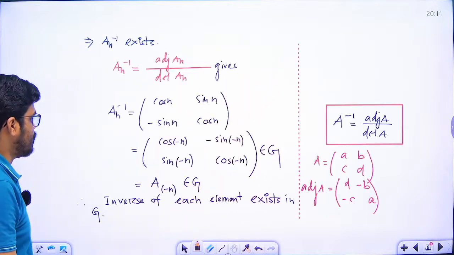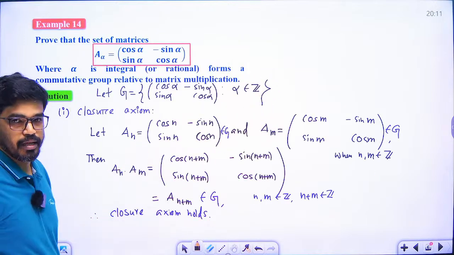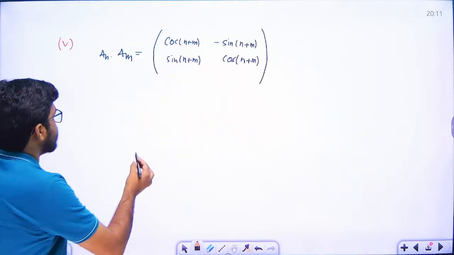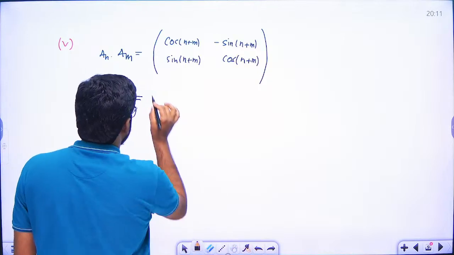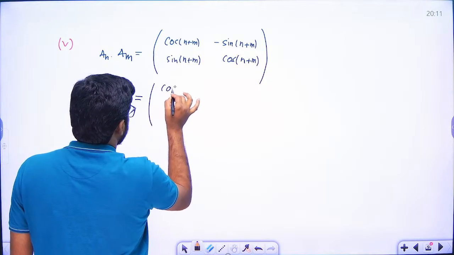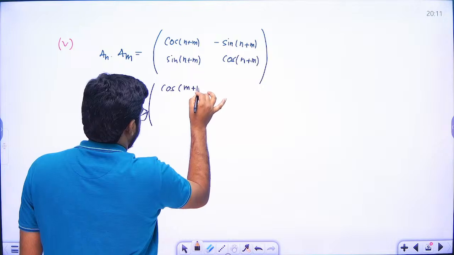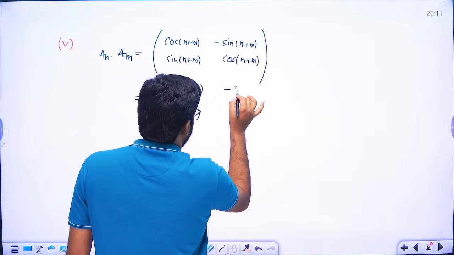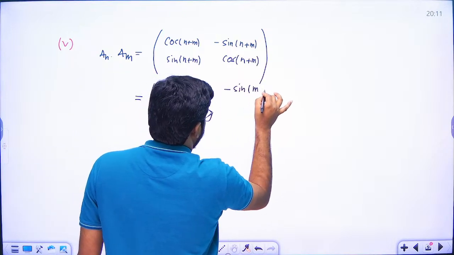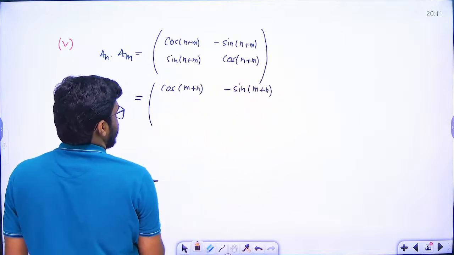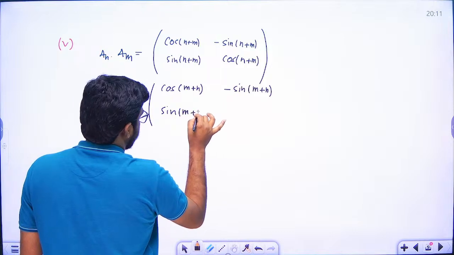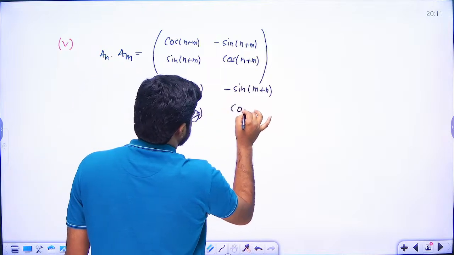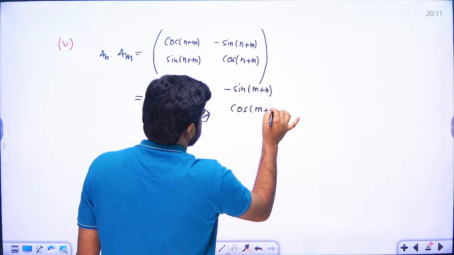We already discussed this. An dot am we can write as cos m plus n, minus sin m plus n, sin m plus n, cos m plus n.